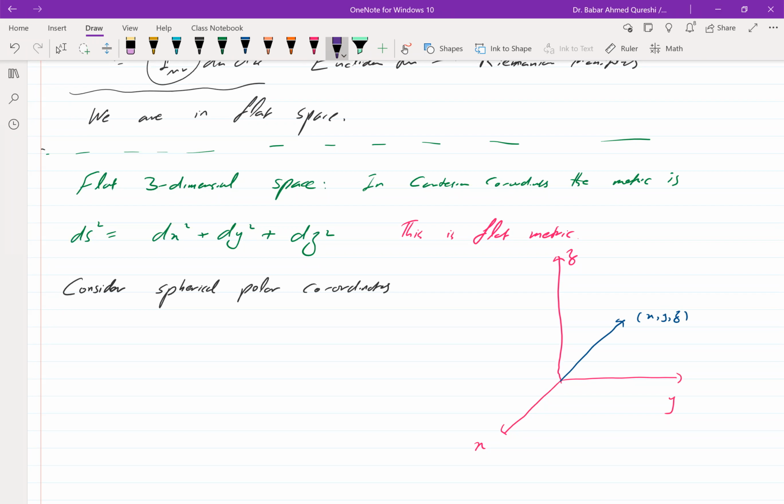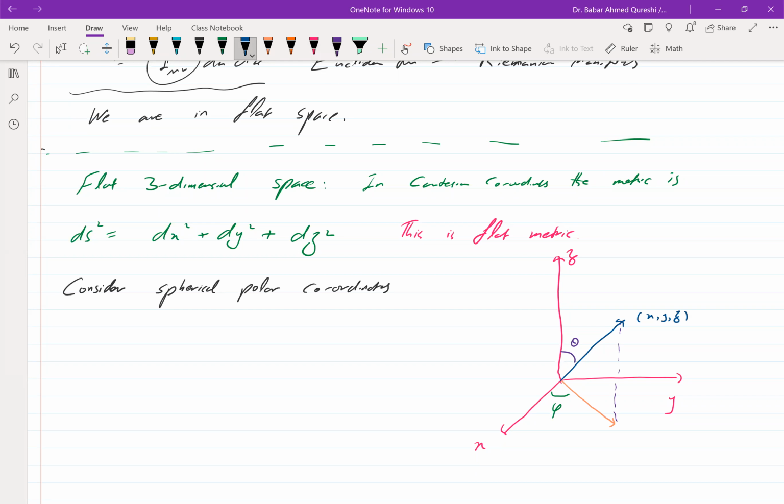You count the angle theta which this vector makes as it comes down from the z-axis to meet this point. Then you consider its projection in the xy plane, and you count this angle phi, which this projection makes with the x-axis.